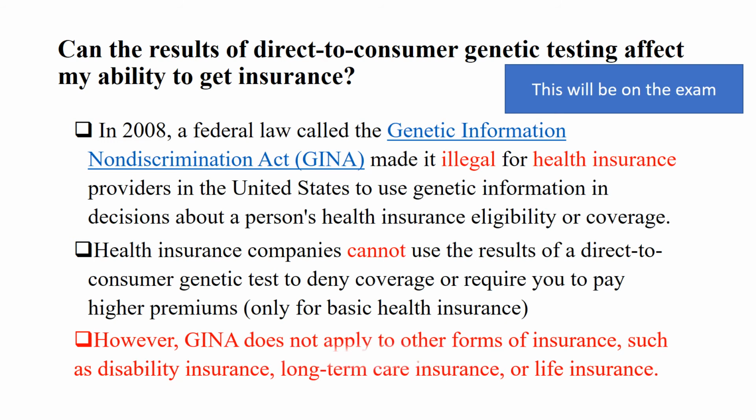However, this act does not apply to other forms of insurance, such as disability insurance, long-term care insurance, or life insurance. So in other words, if you purchase other insurance products, okay, not basic health insurance products, the insurance company still can use the result of genetic testing to make a decision.